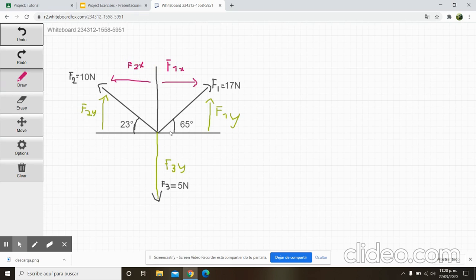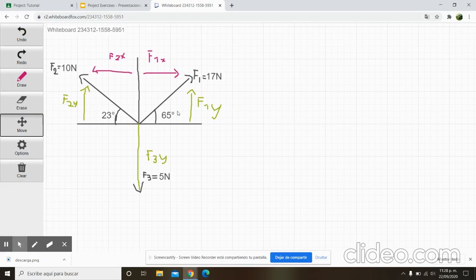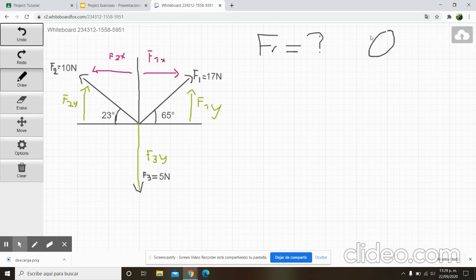And now that we have the forces and we know the components, we can do the operation, because we need to know the resultant force and the angle that we don't know.